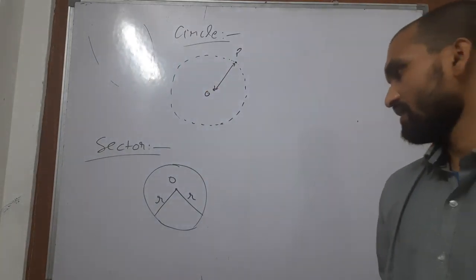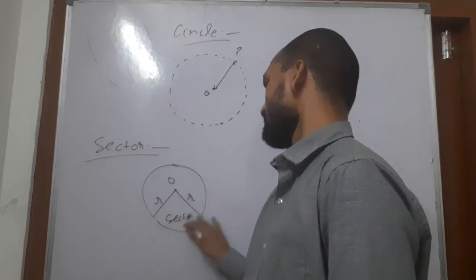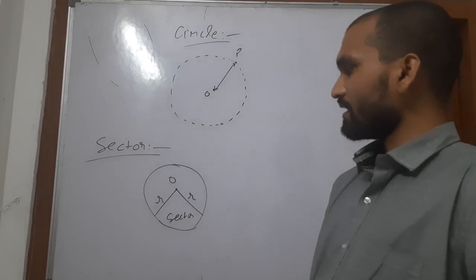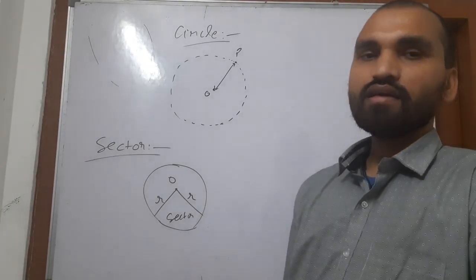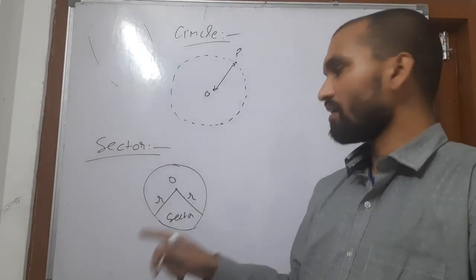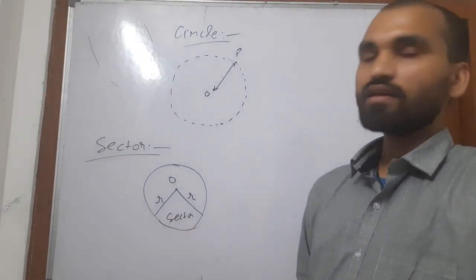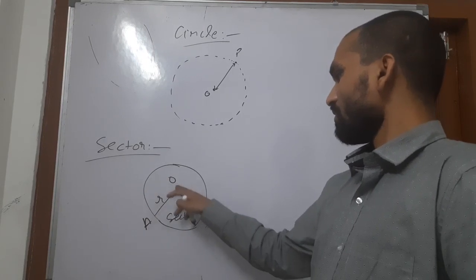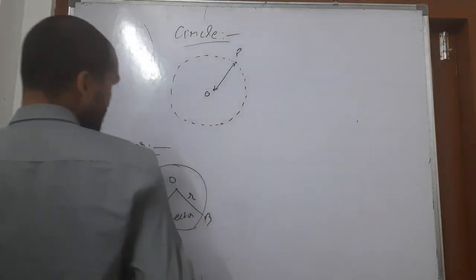So what is sector? This portion will be the sector. Sector is any shape that is formed by radii of a circle and the arc of that particular circle. Means here AOBA is sector.